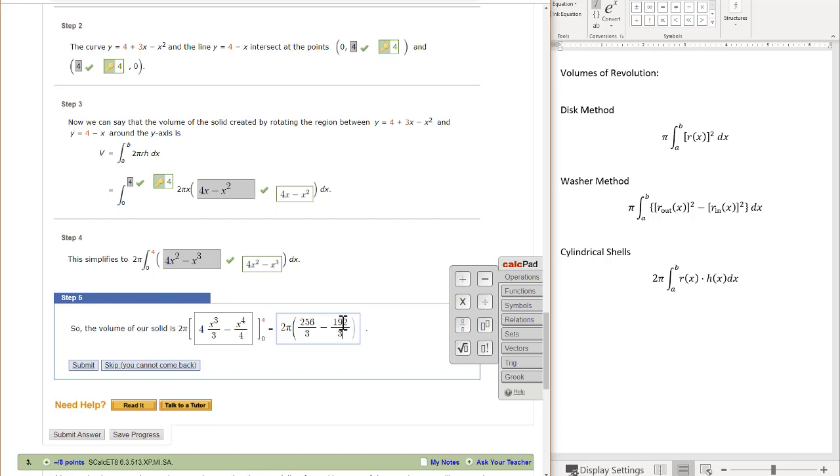That's going to give us 64. So this is 64 over 3. We can double that, so that's going to be 128 pi over 3. So let's try 128 pi over 3.